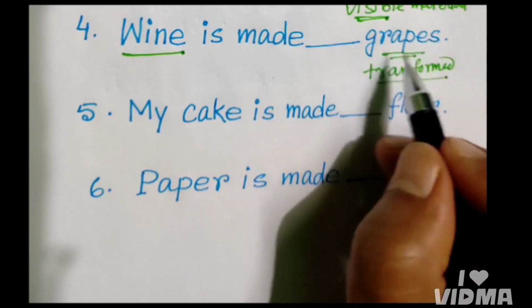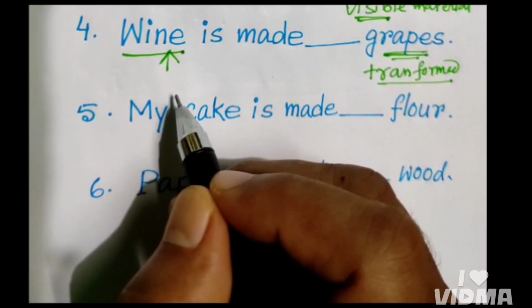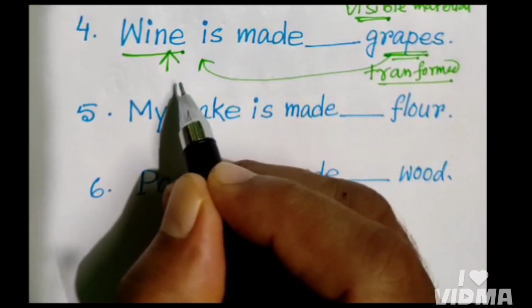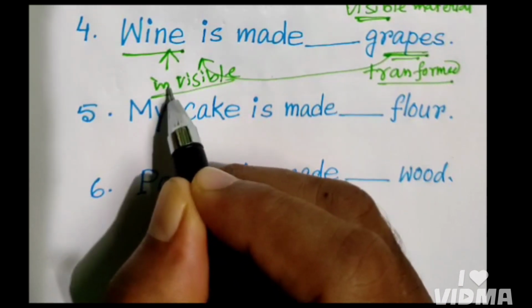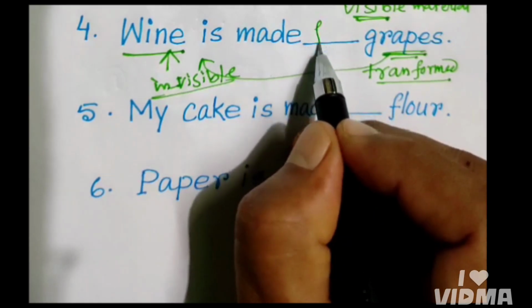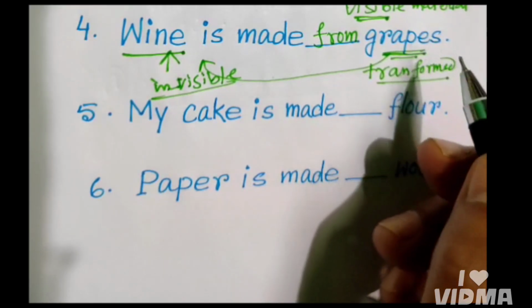You cannot see grapes in wine. Invisible. So wine is made from grapes.